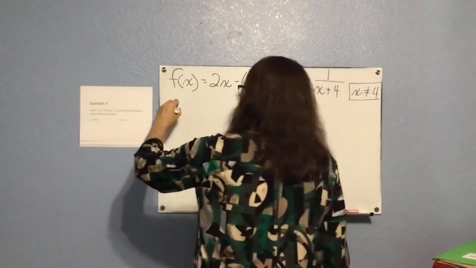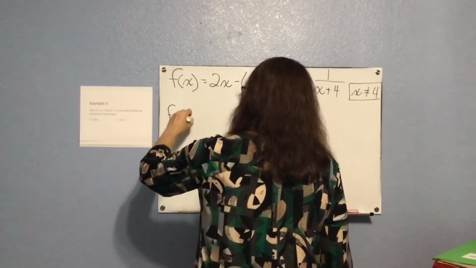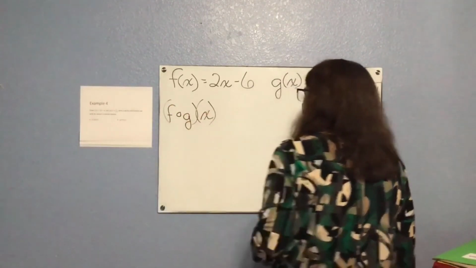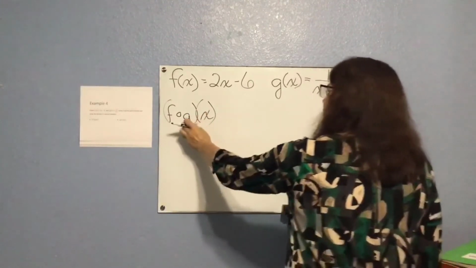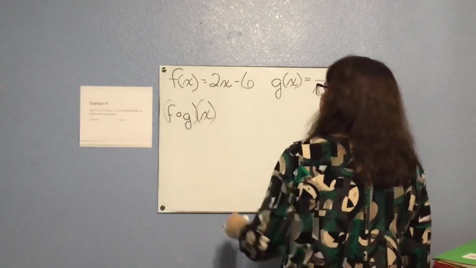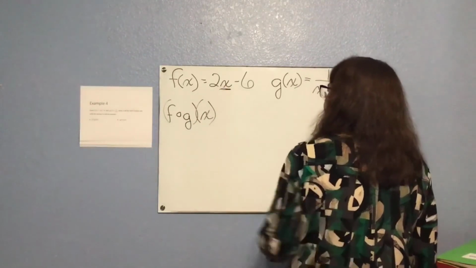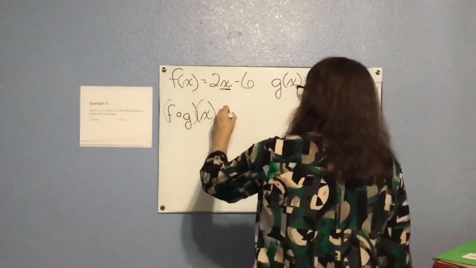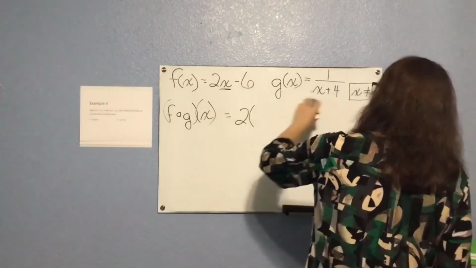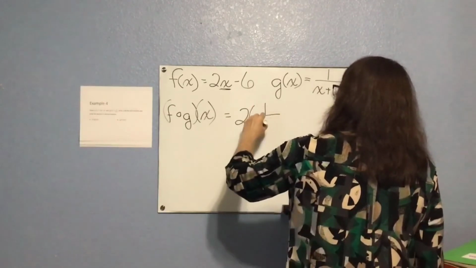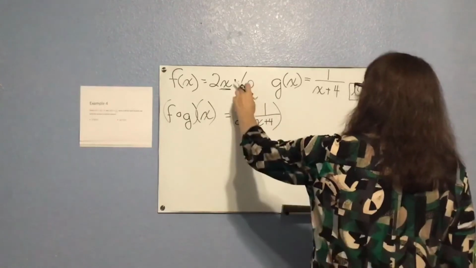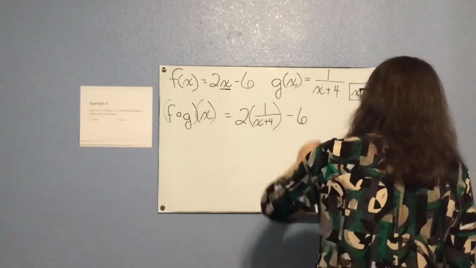Okay, we're going to start by doing f of g of x. And to do this, we're going to take the function g of x and put it inside the function f of x at the position where the x is. So this is going to be 2, and instead of x, I'm going to write 1 over x plus 4. And then finish the function, minus 6.